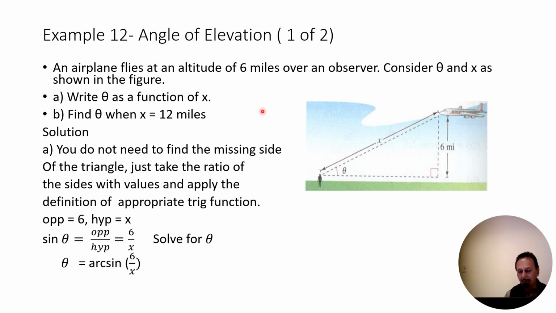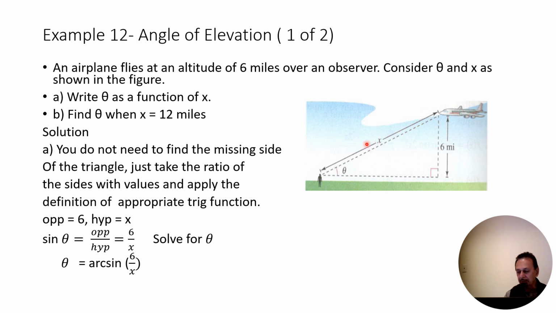Example 12. An airplane flies at an altitude of 6 miles over an observer. Theta and x are shown: this is theta, and x is the distance of the plane from the observer. We have to write theta as a function of x. You can see the opposite side is 6 and the hypotenuse is x.